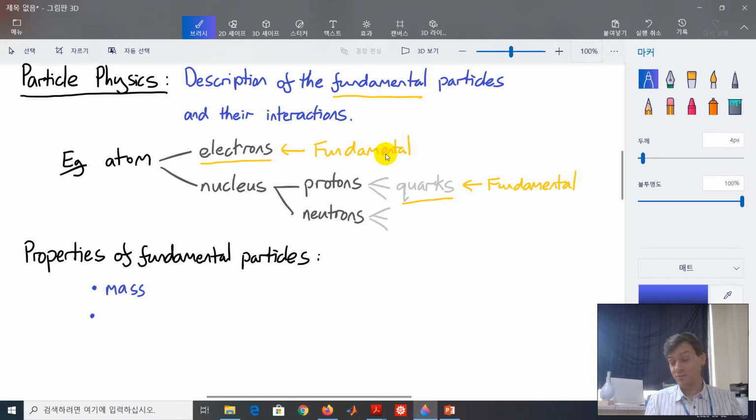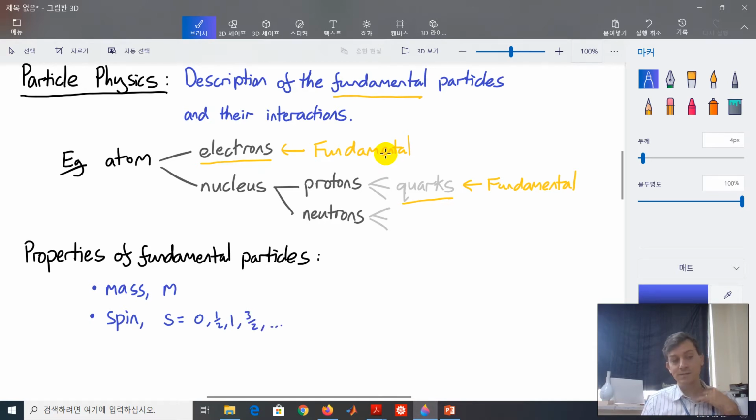Where this mass comes from is also something we'll talk about in the final video on particle physics. They also have this intrinsic angular momentum, which is usually denoted by the symbol S. And from the quantization of angular momentum, we know that this is either an integer or a half integer.